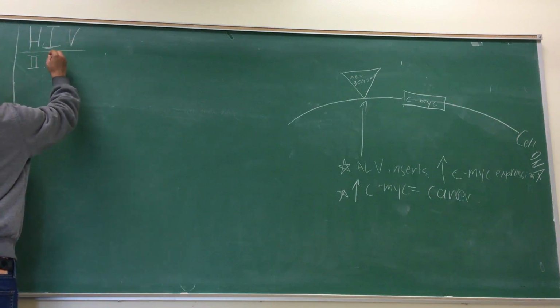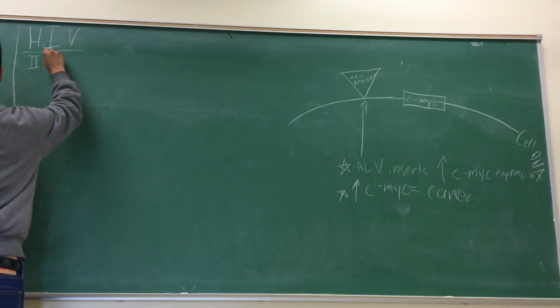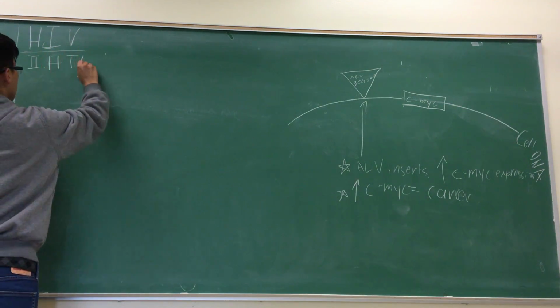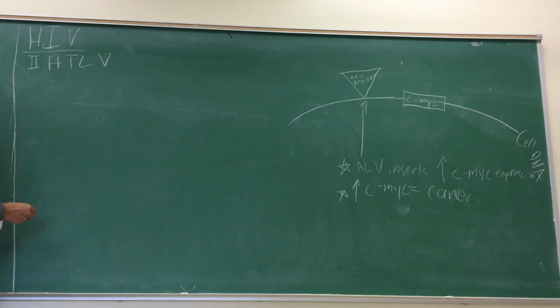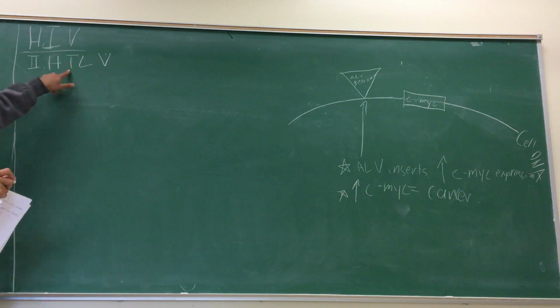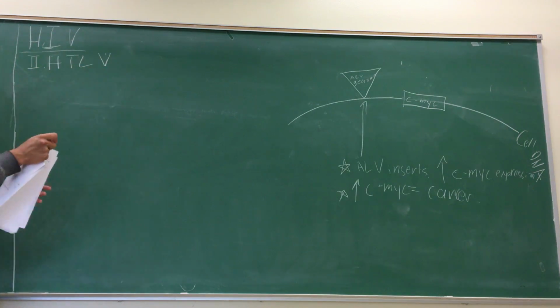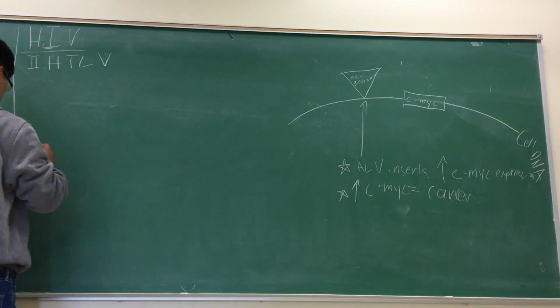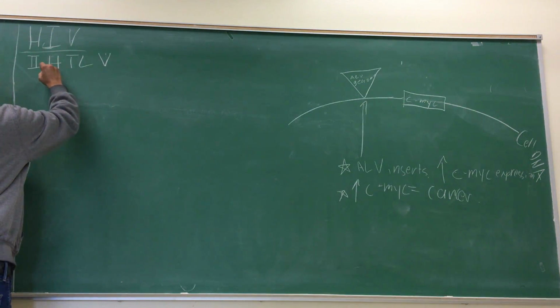So Roman numeral 2 is, I'm going to abbreviate this to make the video go faster, human T lymphotrophic virus, abbreviated HTLV. It infects T cells.